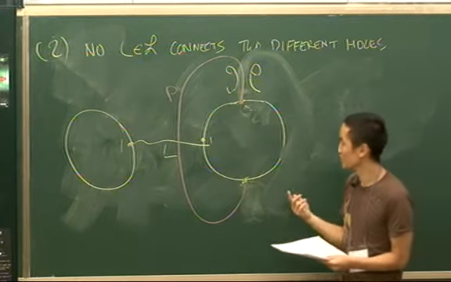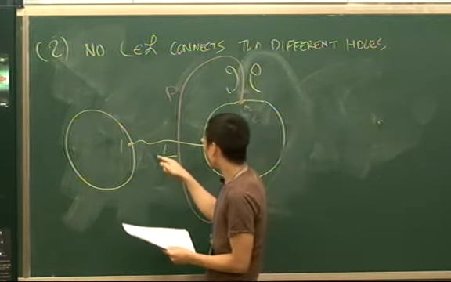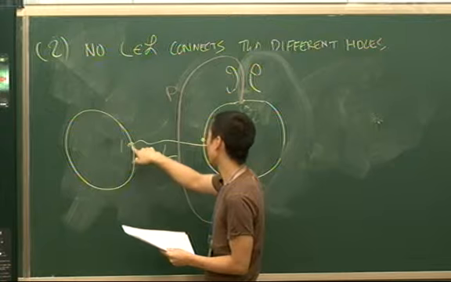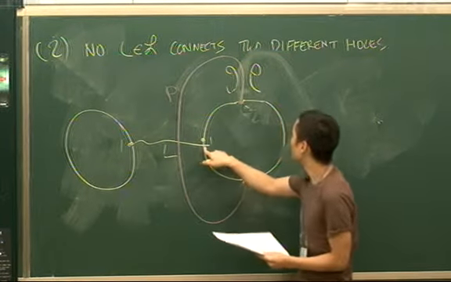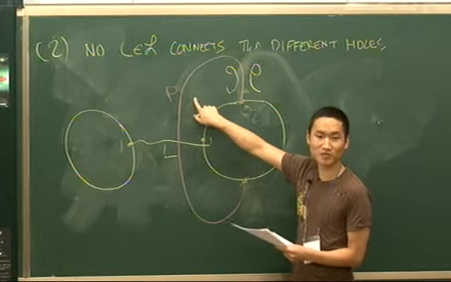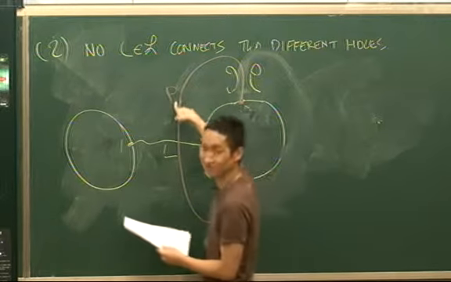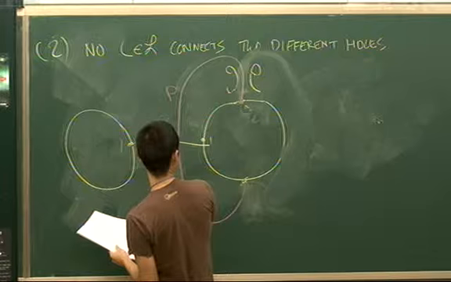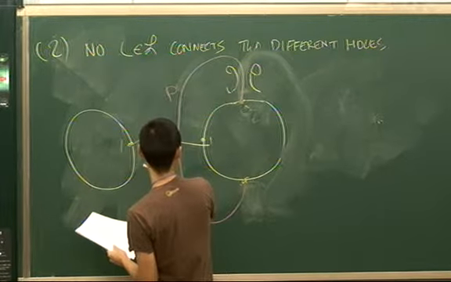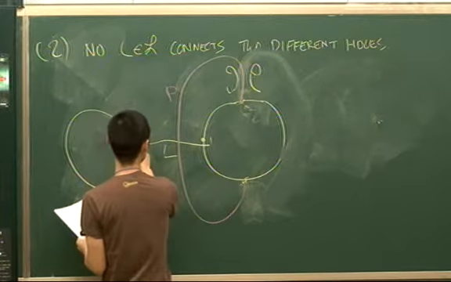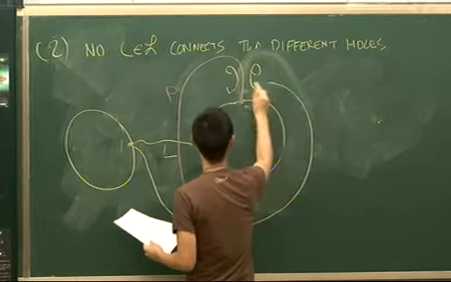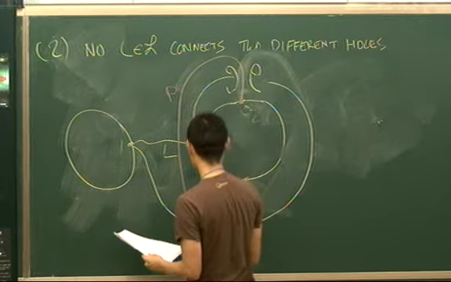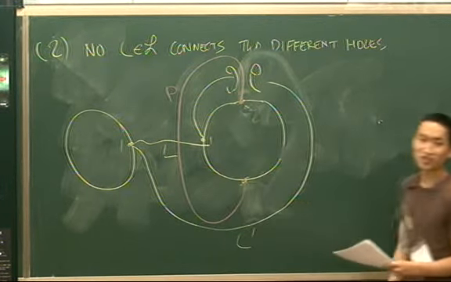So I can find a curve that connects these 2 points up that is disjoint from P, because this thing is non-separating. In this picture, let's go this way, under the handle, and like that, this L prime guy.